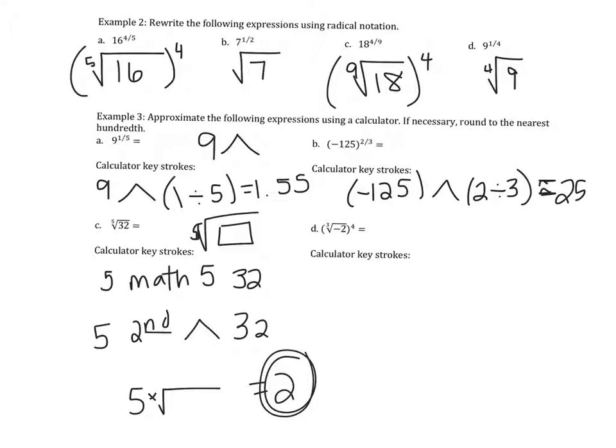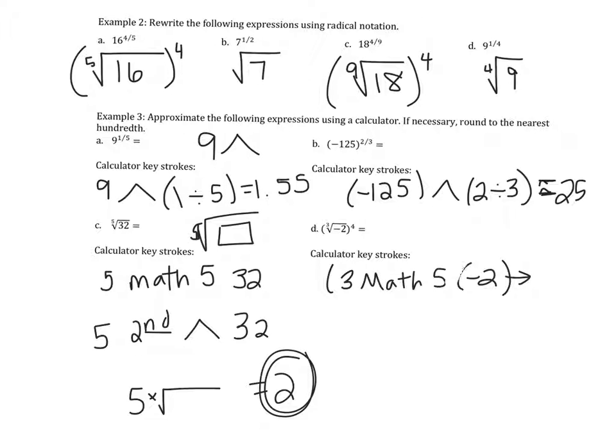I know it's confusing doing this on video, so talk to somebody if you need more help with that. Okay, on D, we're going to do parentheses, 3 math 5 on the yellows, or 3 second caret, -2. And then on the yellow calculators, you actually have to hit the right arrow button. On the blue calculators, you would want to put a parentheses before the -2. So it really just depends on the calculator. Once again, I apologize.